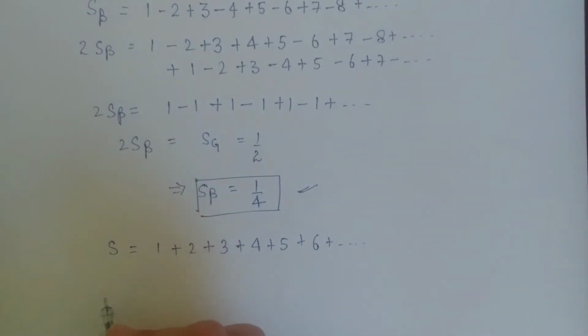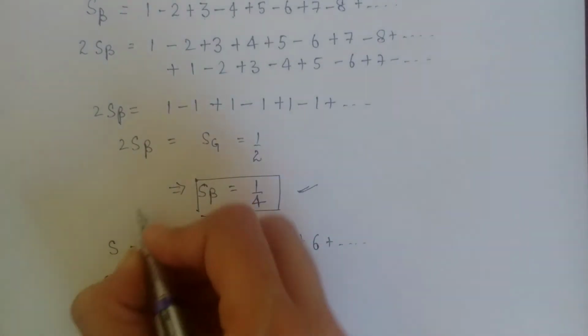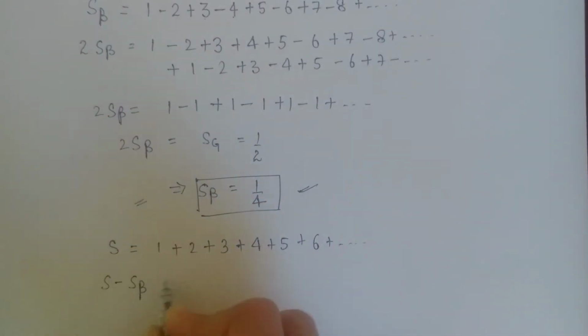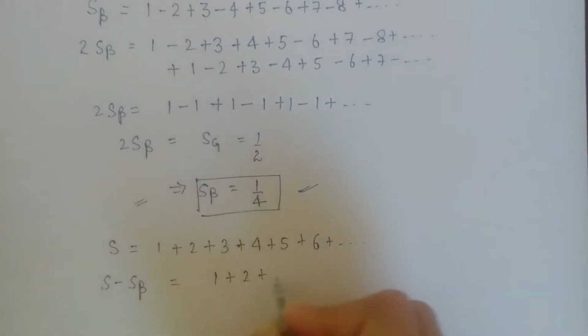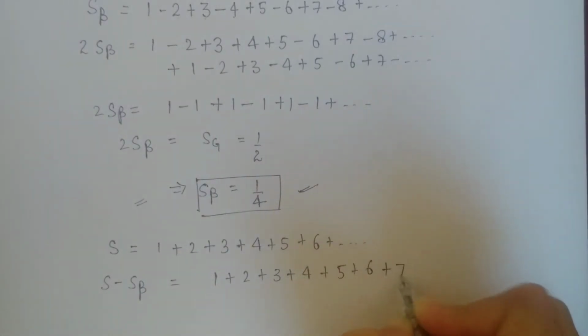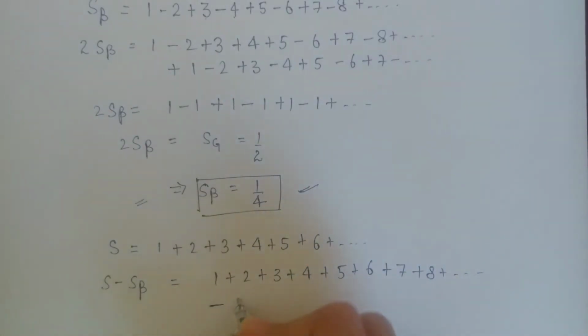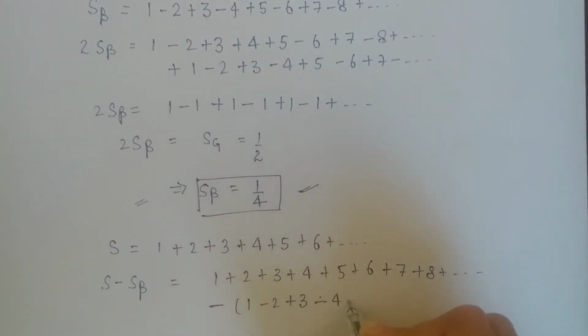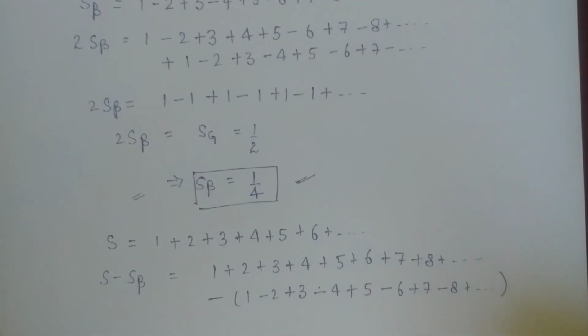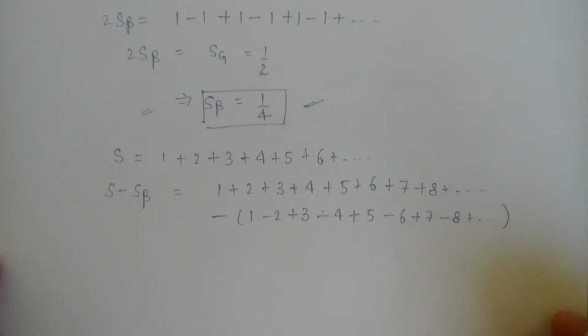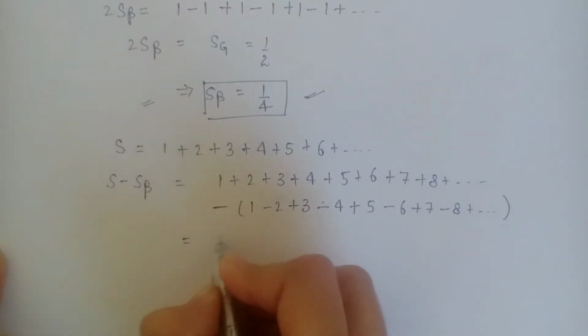If I subtract S beta from this series, S minus S beta will be equal to 1 plus 2 plus 3 plus 4 plus 5 plus 6 and so on, minus S beta, and S beta was 1 minus 2 plus 3 minus 4, the same numbers with alternate signs, right?